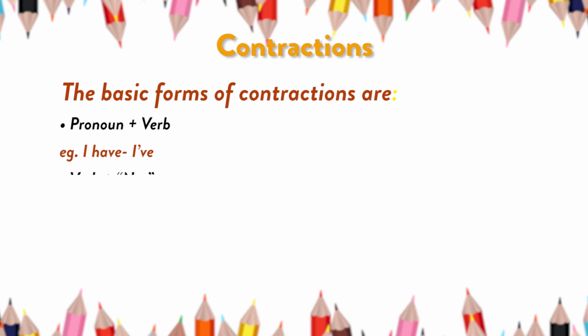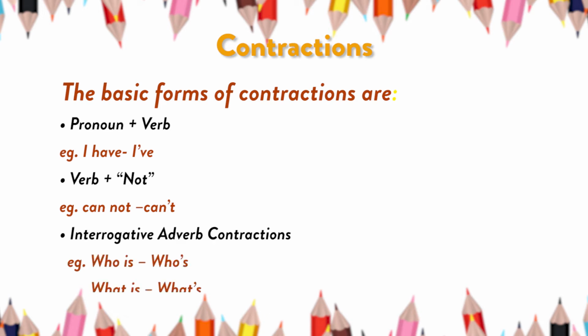This is an example of pronoun-verb contraction. We then have the verb and "not" contractions. For instance, the words "cannot," we say "can't." This is the verb and "not" contractions.